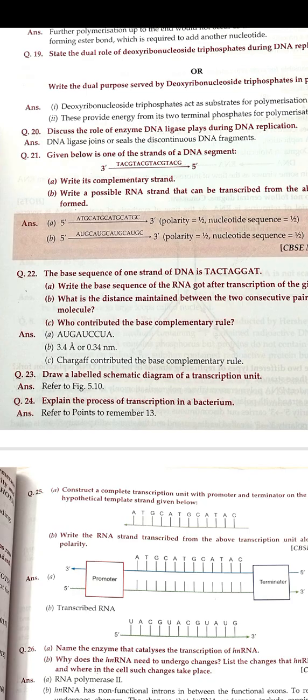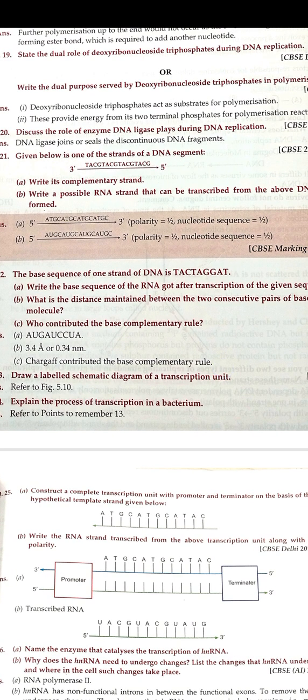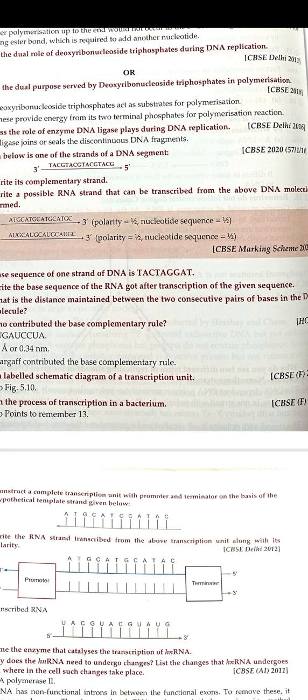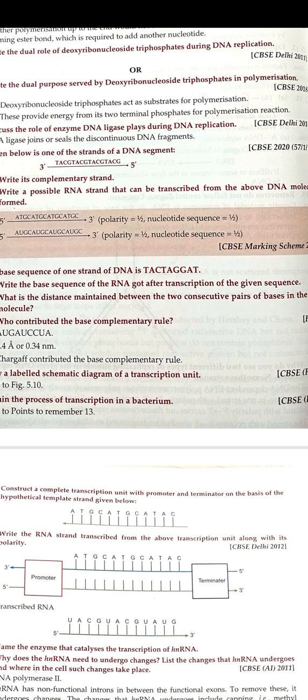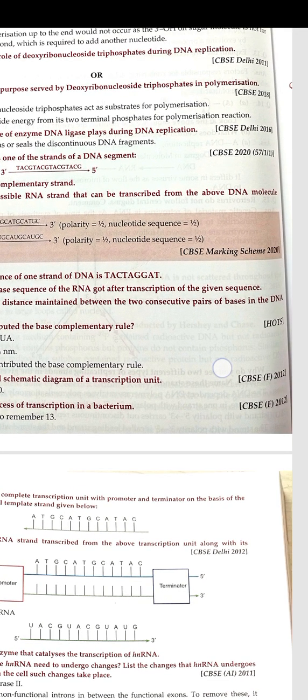Now, next question number 22. The base sequence of one strand of DNA is TACTAZGAT. Write the base sequence of RNA formed after transcription of the given sequence. Question B, what is the distance maintained between two consecutive pairs of bases in the DNA molecule?